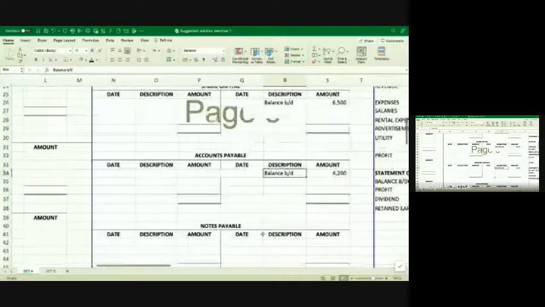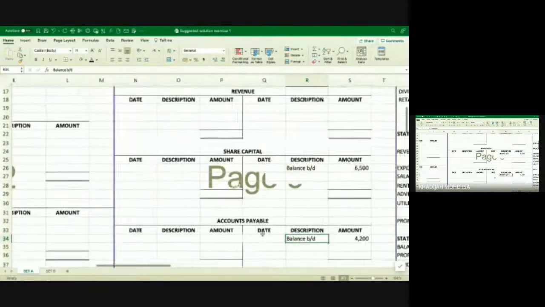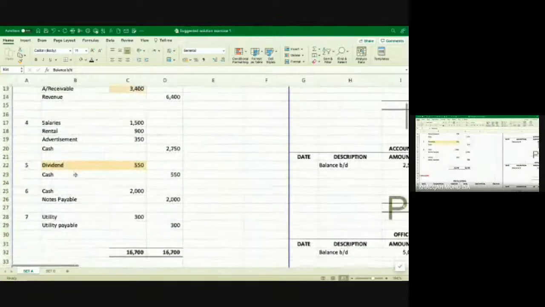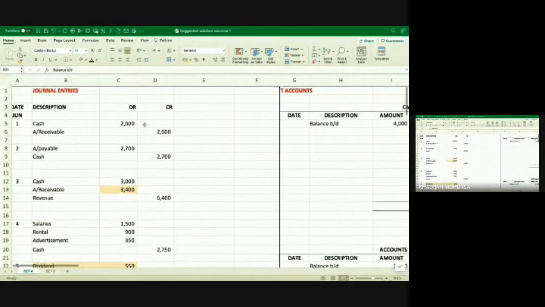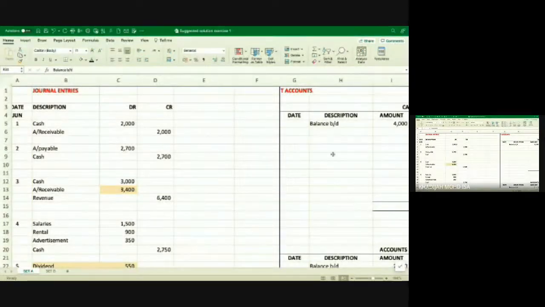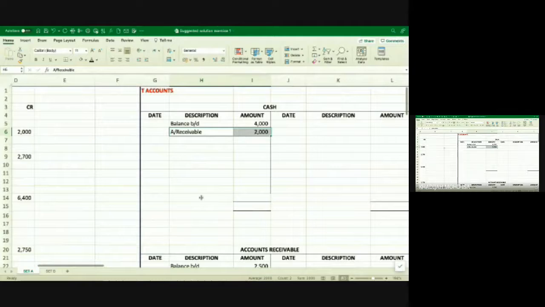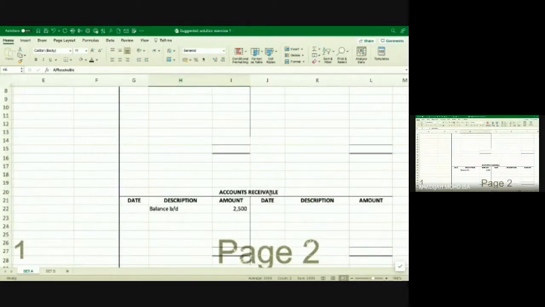Okay, so once you put in all the balances, now you post all these transactions into your T accounts. For example, you have cash of 2,000 debit, so you debit your cash 2,000 here, and then you credit your accounts receivable. Where's your accounts receivable? Here is your accounts receivable.